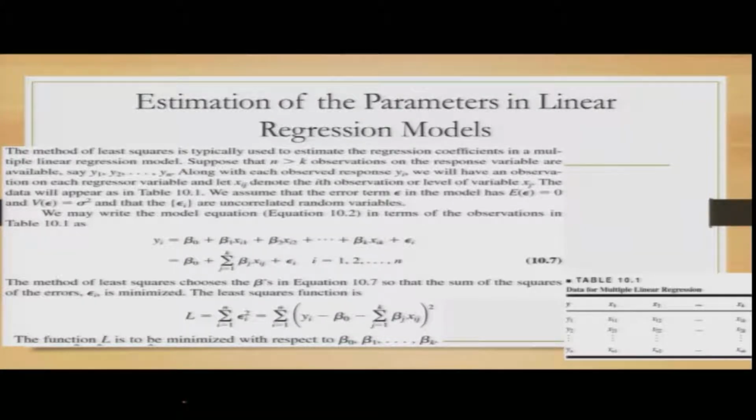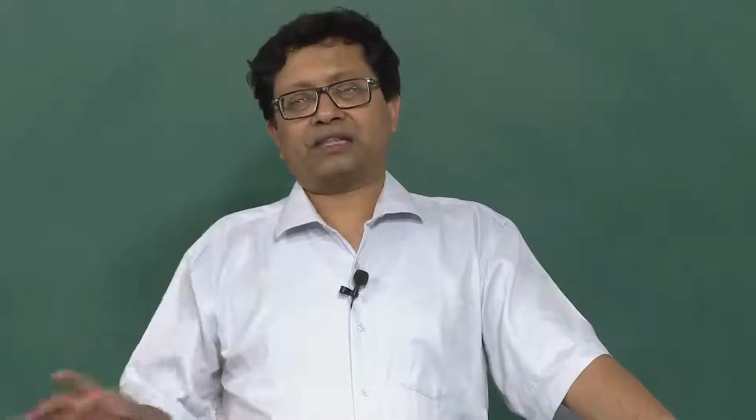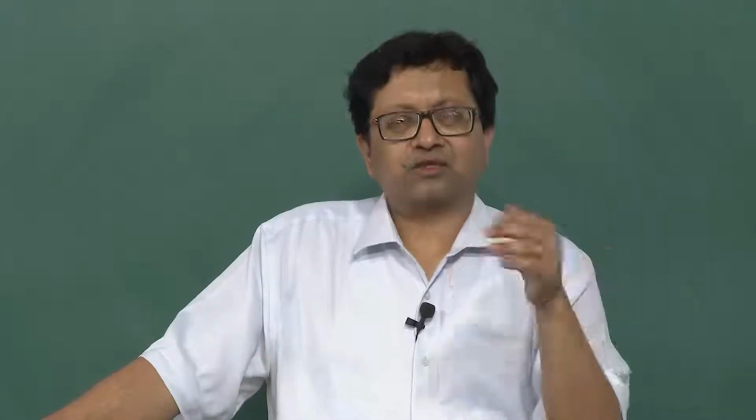Now, what is important is this, I will explain that later. We find the squares of the errors, that is y1 minus y1 hat, y2 minus y2 hat, square them up, add them up. When you add them up and try to minimize it, you will find there are unknown variables. So what are they, you will ask? They are beta naught, beta 1, beta 2 till beta k.